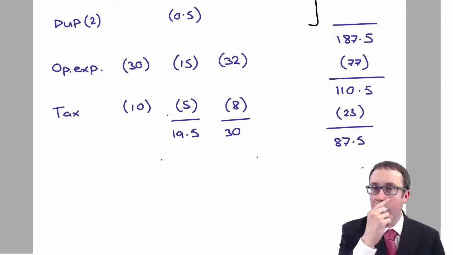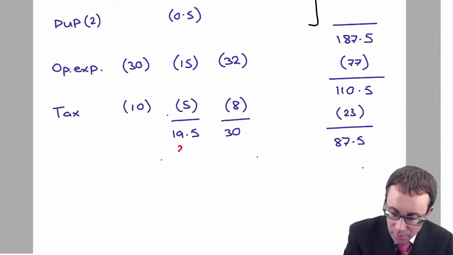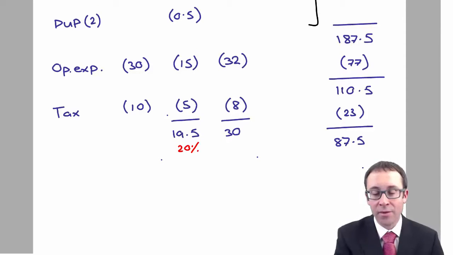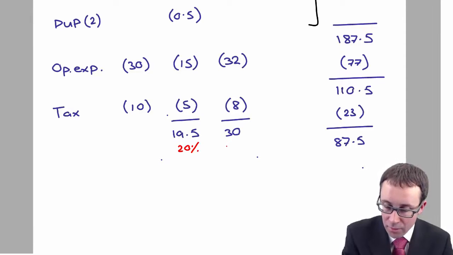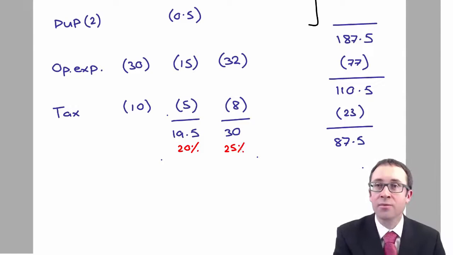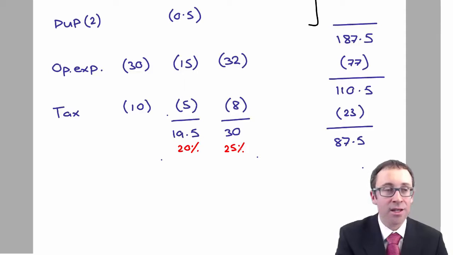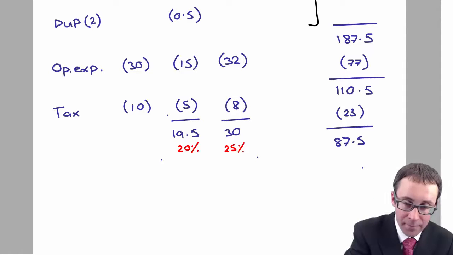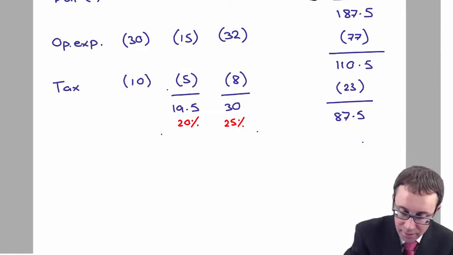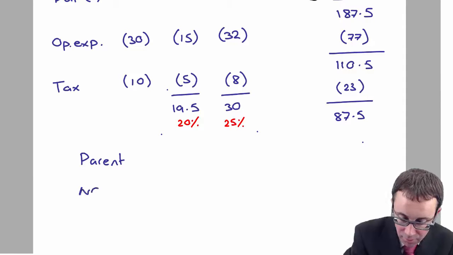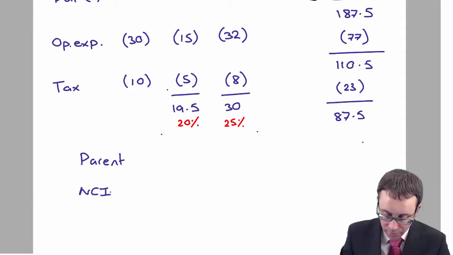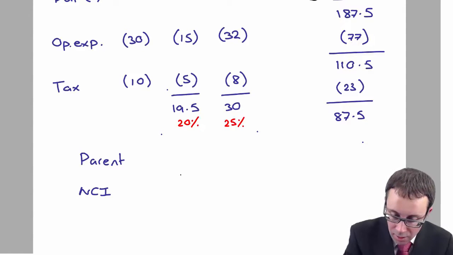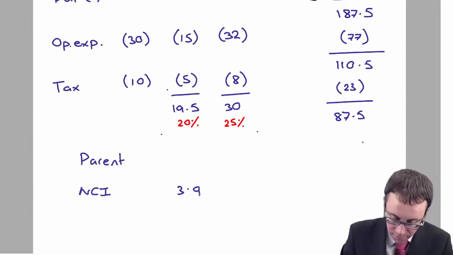Of those figures, we own 80% of Glasgow, so we need 20% NCI on the 19.5, and I think we owned 75% of Aberdeen. So the NCI share is 25. Okay. So what we've got there is that those amounts need to be split into the amounts attributable to the parent and the amounts attributable to non-controlling interest. So I think you've got 3.9. Is it 7.5?